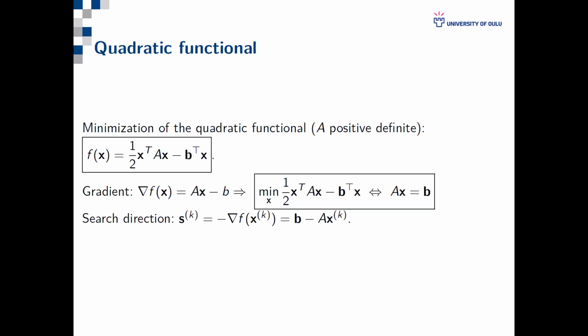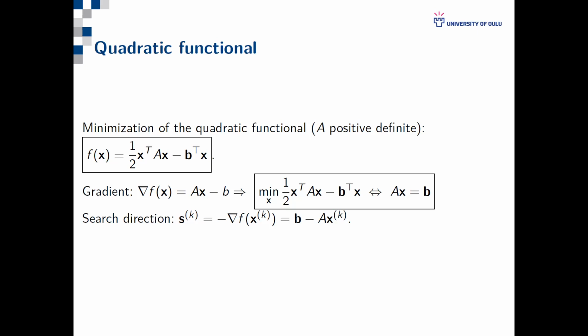If we have a quadratic functional, so we have 1/2 times the quadratic form, x transpose times Ax, minus the scalar product of b times x.